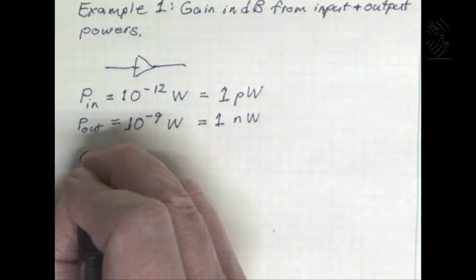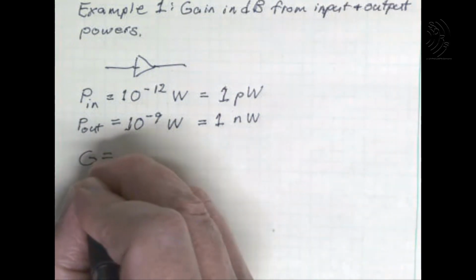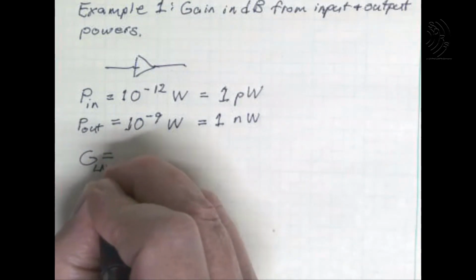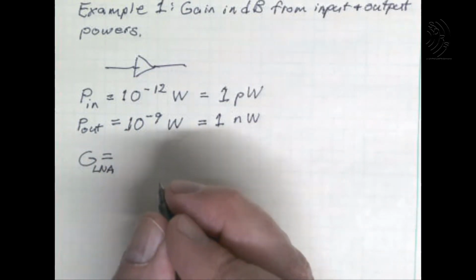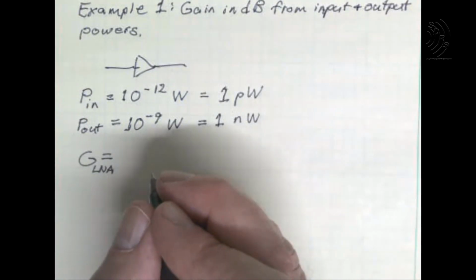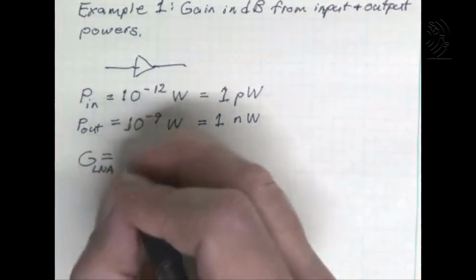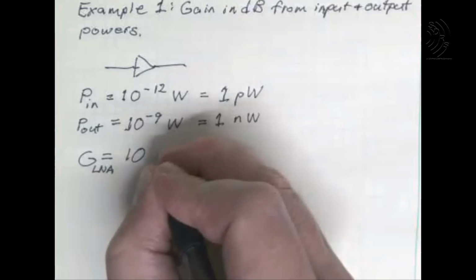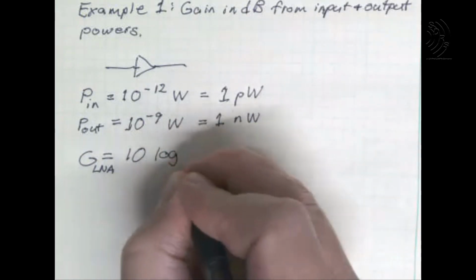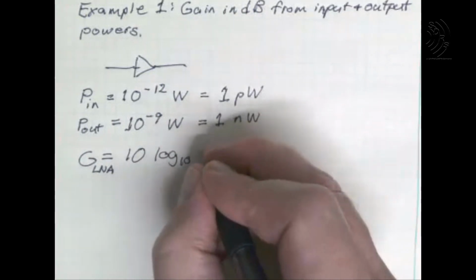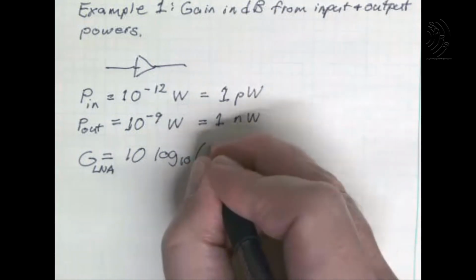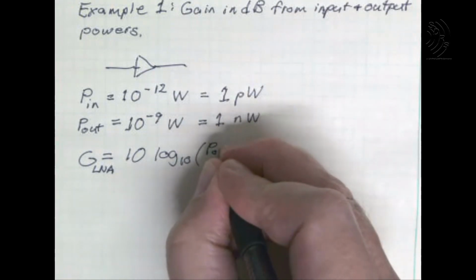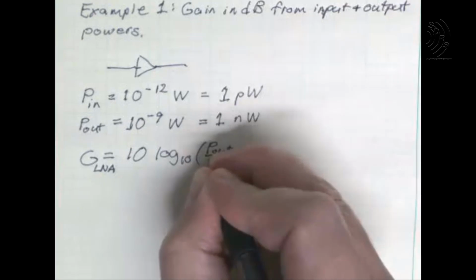In this case, the gain of the low noise amplifier is given by 10 log 10 of the output power divided by the input power.